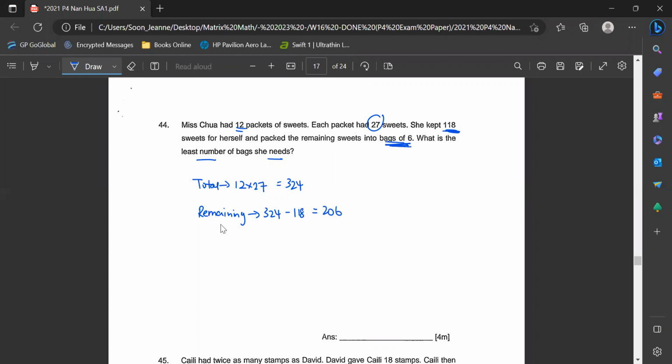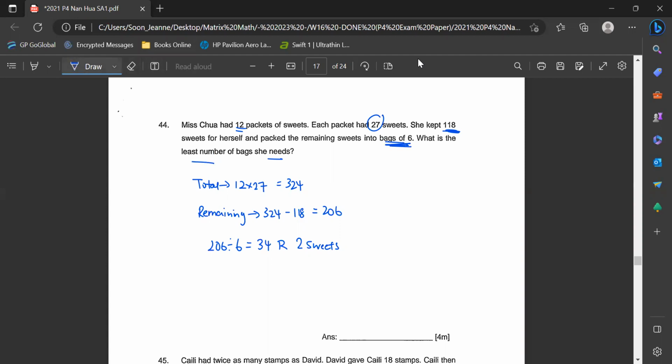So what happened to this 206? Packed into bags of 6. So I have to take 206 divided by 6. You will actually get a remainder. You will get 34, remaining 2. 2 sweets. So the question is asking me for the least number of bags she needs.